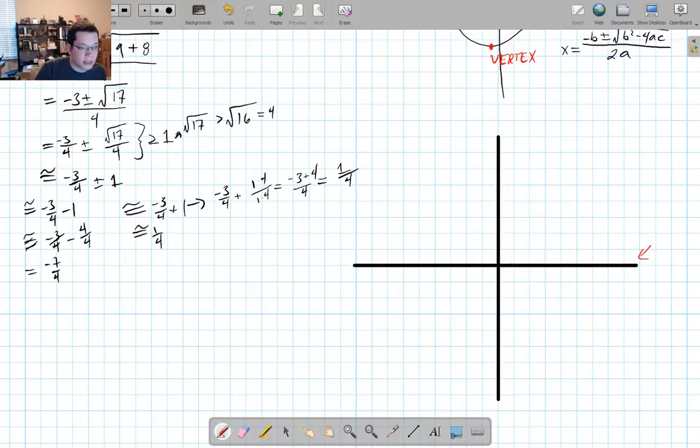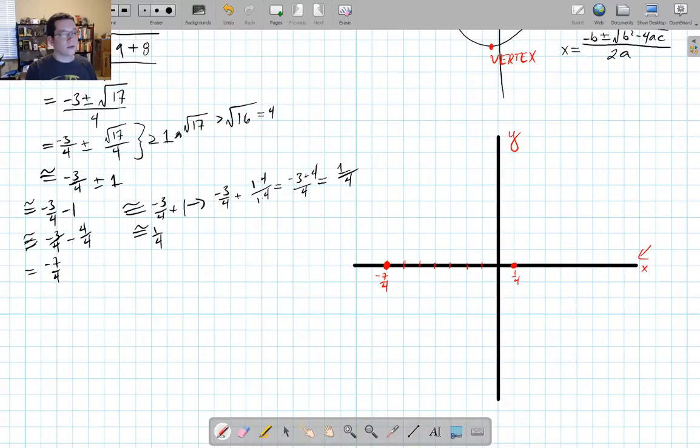So if we say this is 1/4, this is x, this is y, that's 1 over 4. And so since that's 1 square, we've got to go 7 squares on the other side. So this is 1/4, 2/4 or a half, 3/4, 4/4, 5/4, which is 1 1/4, 6/4, 7/4. So we want it right here. Negative 7 over 4.